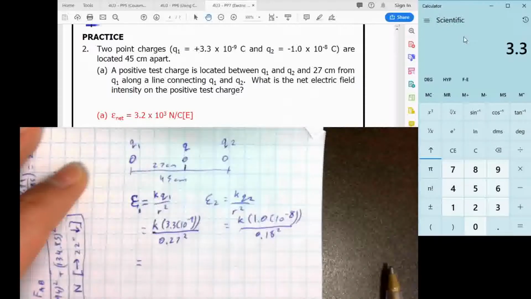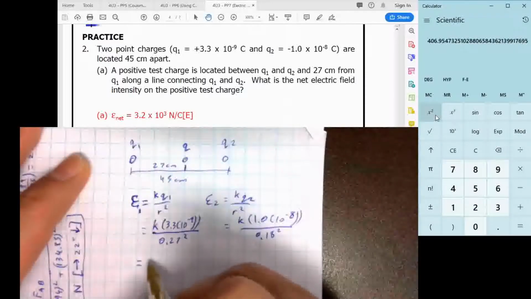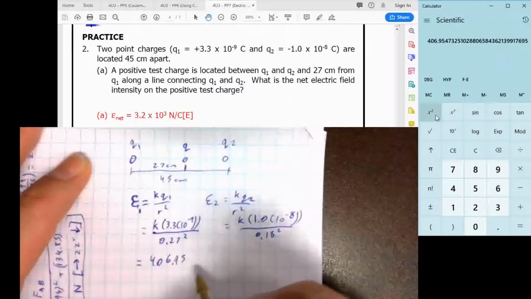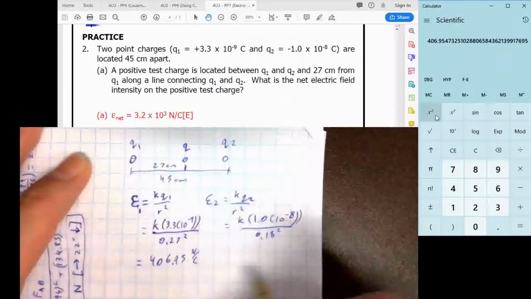So 3.3 times 10 to the power of negative 9 times 10 to the power of 9 times 8.99 divided by 0.27 squared. So here we have a field of 406.95 newtons per coulomb.